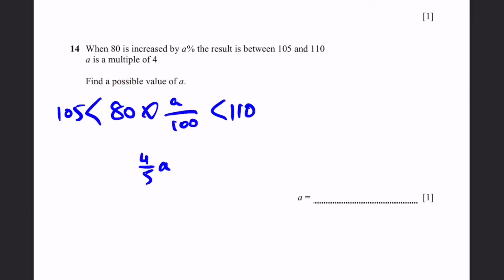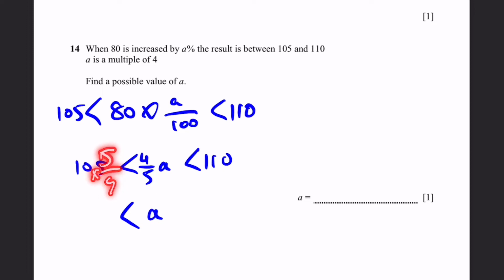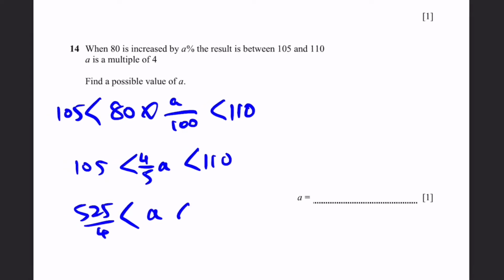So 4 by 5 R is less than 110 and greater than 105. We can multiply both sides by 5 by 4. Over here, R will simply be greater than 525 by 4 and less than 550 by 4.